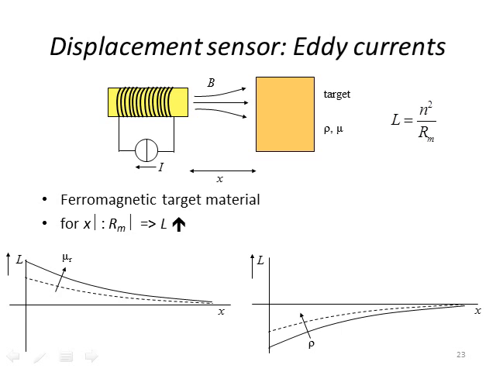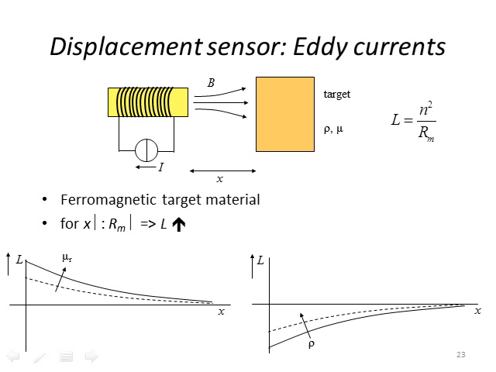So if we increase the permeability, then the flux linkage is going to increase. If we decrease the resistivity, then also we will decrease the flux linkage, and this means also increasing the conductivity.